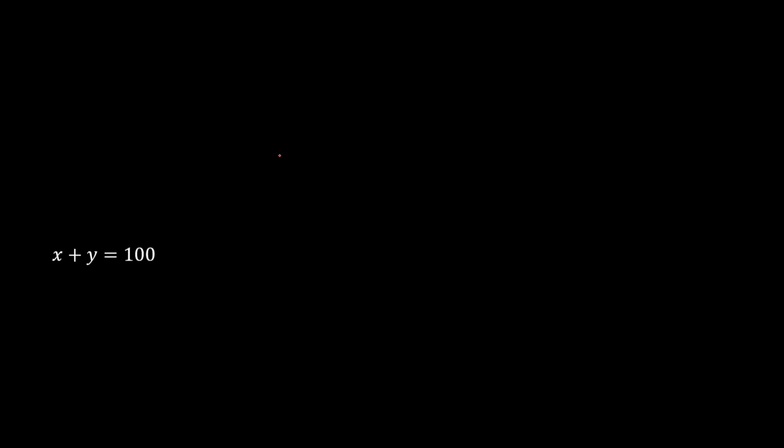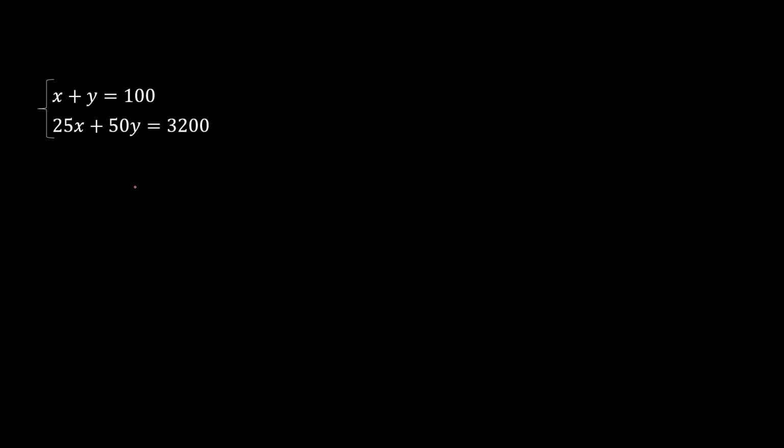So looking at the equations, we have x plus y equals 100 and 25x plus 50y equals 3200. Now when you solve a system of equations, what you want to do is get to the point where I can either add or subtract the two equations such that one of the variables will cancel.